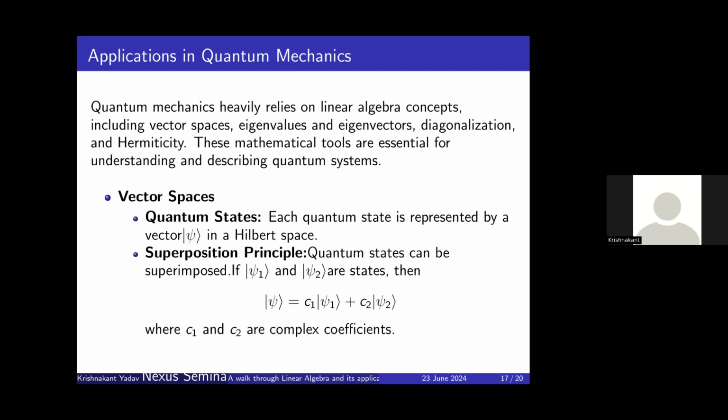Quantum states can be superimposed. Here ket psi 1 and ket psi 2 are states, and ket psi is a combination of the states psi 1 and psi 2.